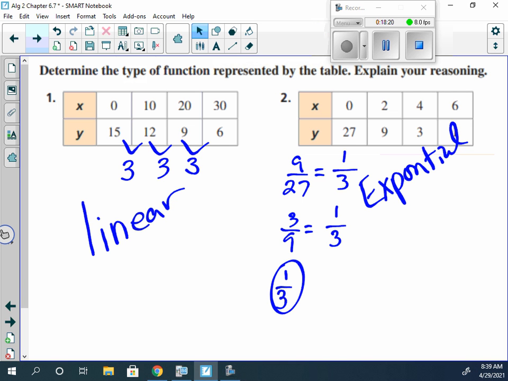Yep. I always want to add an S into it. Questions on this here?